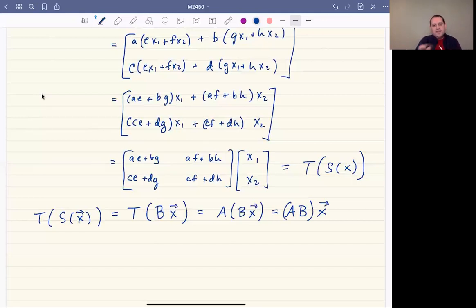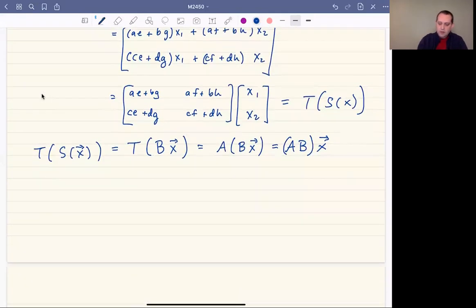So I can think of T composed with S of X, this composition of operators or composition of functions, as a product or multiplication of matrices. Okay, that's the key insight. And what is this product, A times B? Well, it's got to be this matrix, AE plus BG, AF plus BH, because that's what A times B is.